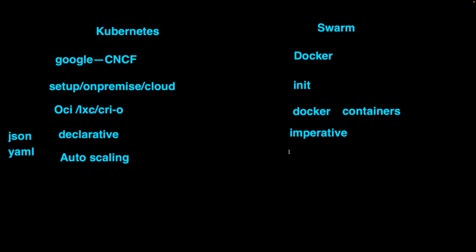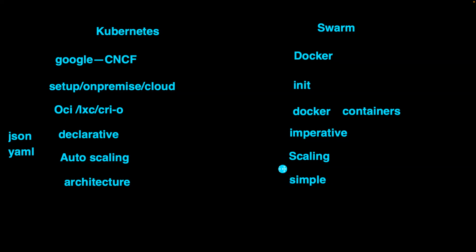In Swarm, you can use scaling. And any other differences? Yes, obviously the architecture is completely different. Here the architecture is simple, whereas Kubernetes architecture is a bit different. We are going to go through this architecture now.